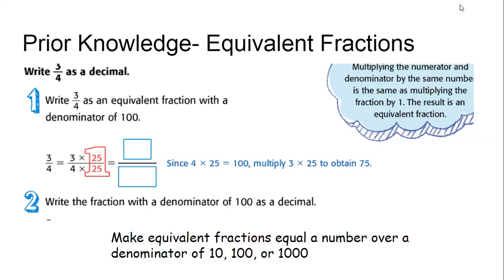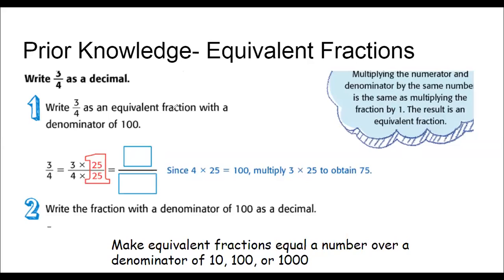Obviously, 4 is not a factor of 10, so we're not going to make that equal something over 10, but we can make it equal something over 100. And so let's do that. In order to make 3/4 equal something over 100, we have to multiply by 25. 4 times 25 is 100, and I start on the bottom because that's my denominator.